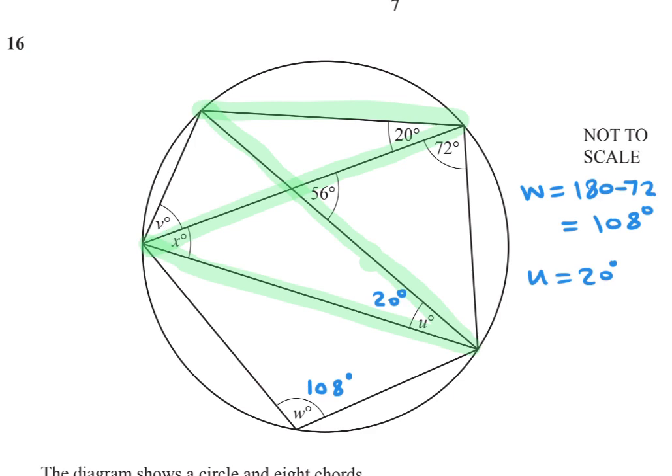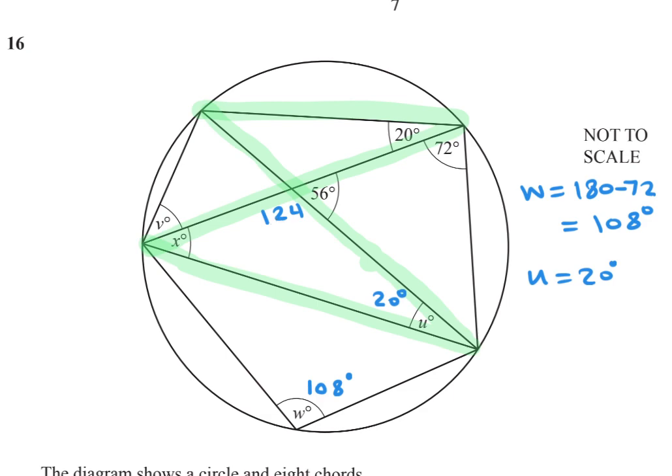So if you need to find x, you need to find x first. Am I right? Yes, sir. So we can find x from this triangle, because we have this 56 and we can find that one: 180 minus 56 equals 124.